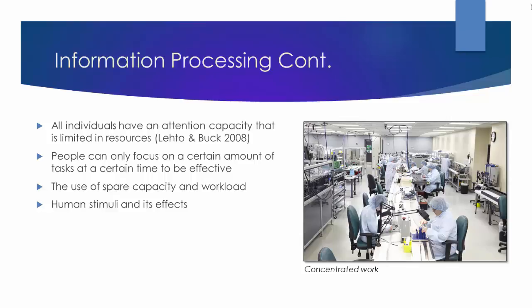And spare capacity is described by Lehto and Buck in their book Introduction to Human Factors and Ergonomics for Engineers. And they provide an example of an individual driving a car. Now, when driving a car, you are focused on what you are perceiving in front of you, what you are seeing.